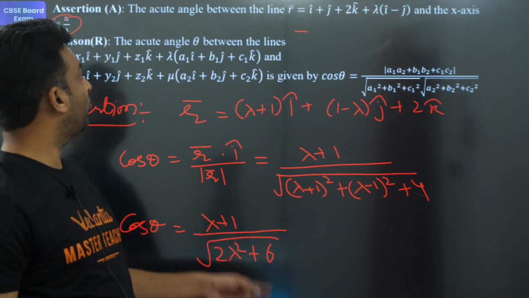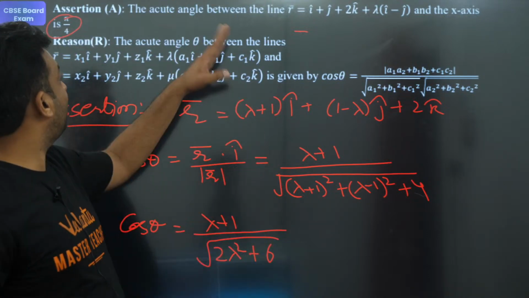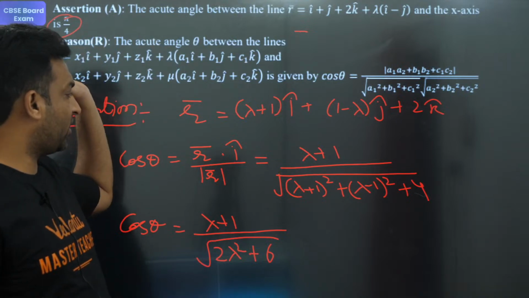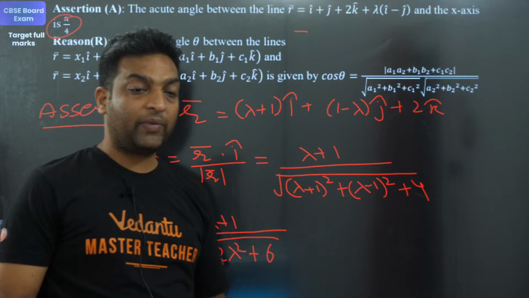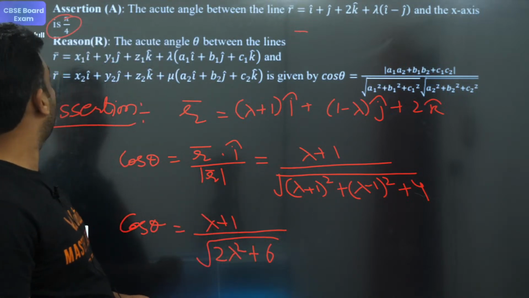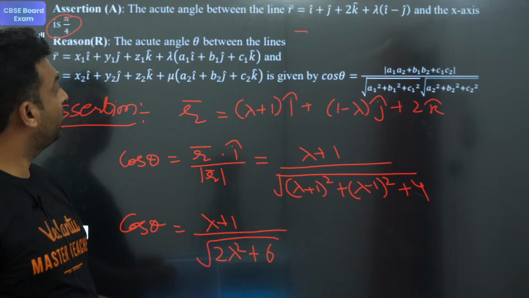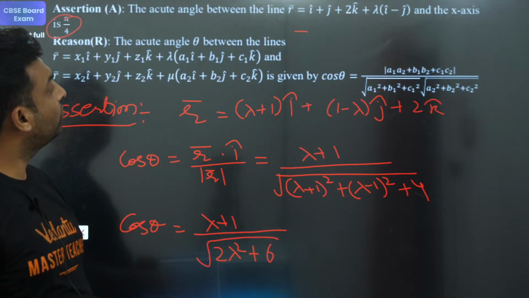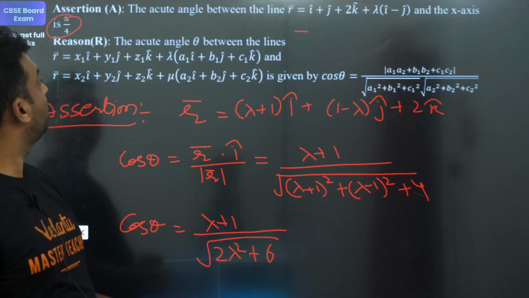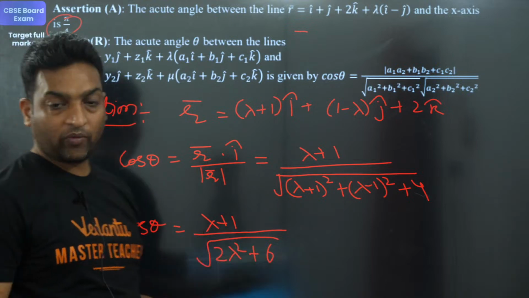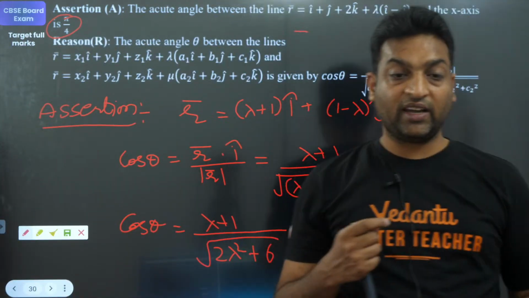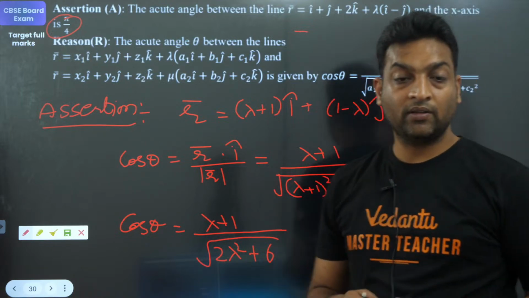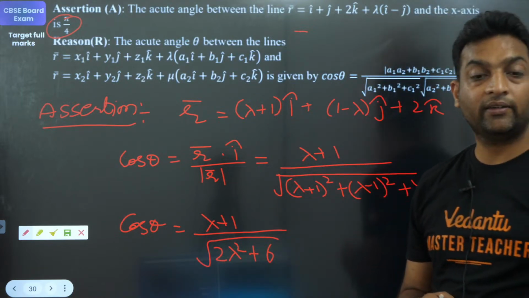Cos theta comes out to be this. Angle between this and x-axis is pi by 4. Is this correct? No. Angle will depend on lambda. Tell me yes or no. Angle will depend on lambda. Assertion is incorrect.